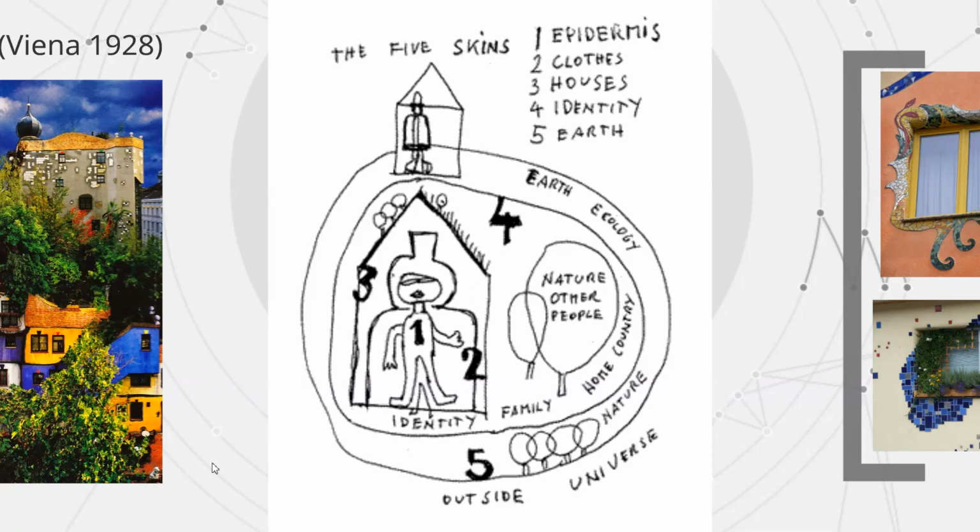Then the second one is the clothes, the things you wear. But that's also referring to the people near you, your partner, your kids. The third one is the house, but it also refers to your community, the people near you, your mom, your family, etc. And it goes wider and wider to the fourth, let's say your community, your home, the nature around you. And the fifth one is the nature in the world.